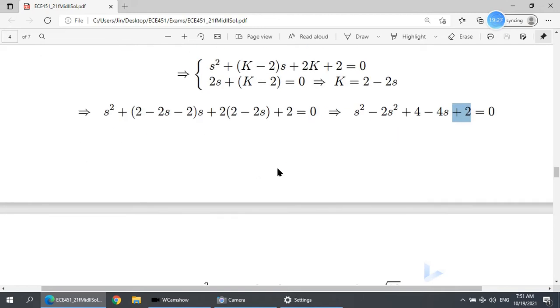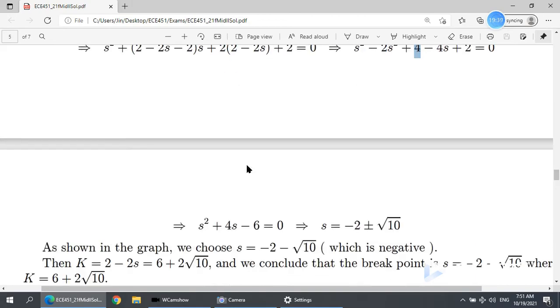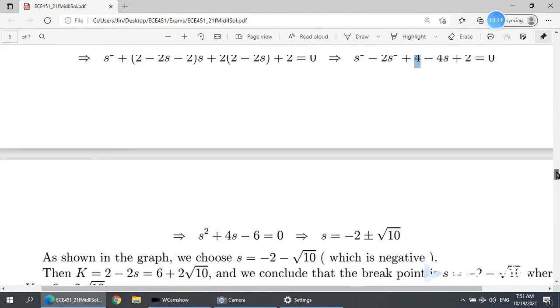Then I can combine the first two terms together, and this 4 and the 2 terms can also be combined together. So we have negative s squared, then minus 4s.